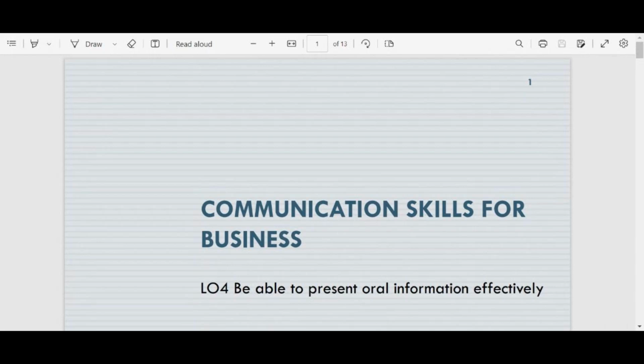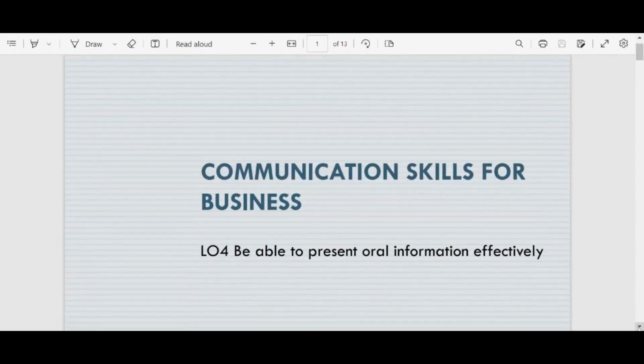So that the sender can get the message across, and the person who's dealing with the message is able to understand what the message is saying. We also looked at how to write business letters and things. Now we're going to be looking at communication skills for businesses, learning outcome 4, which is to be able to present oral information effectively.